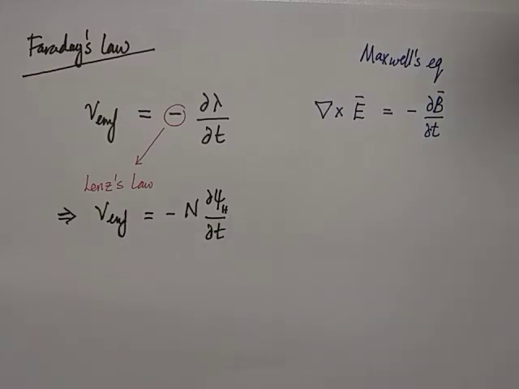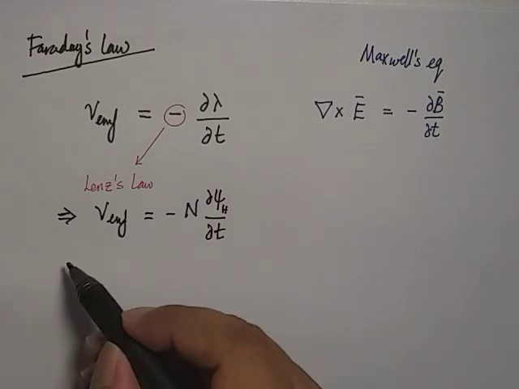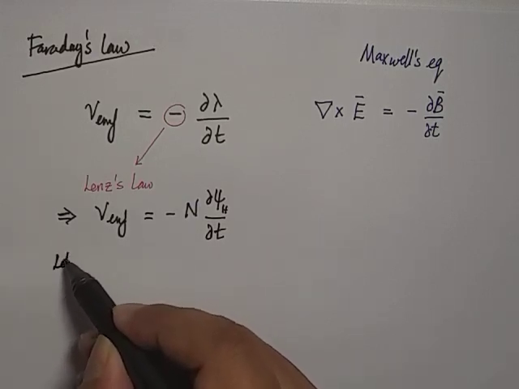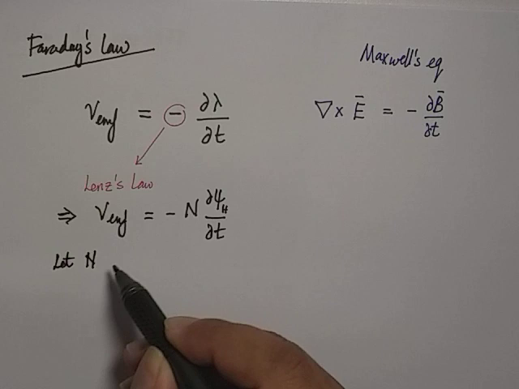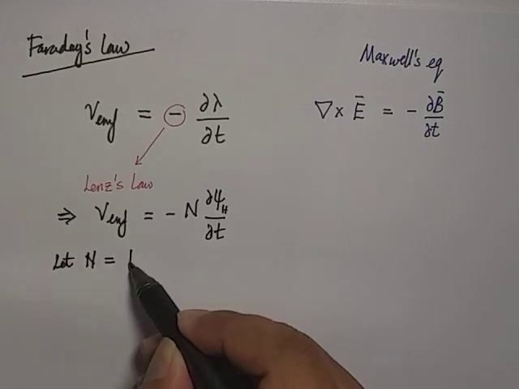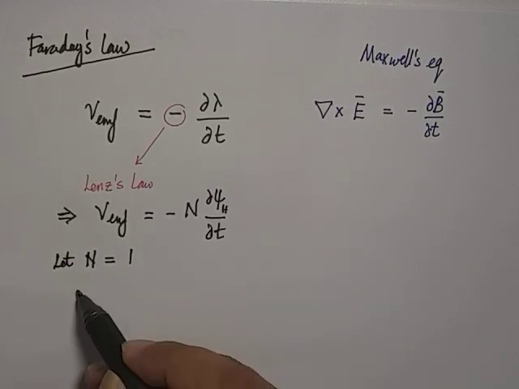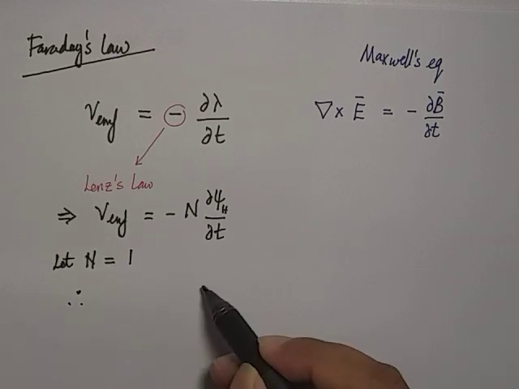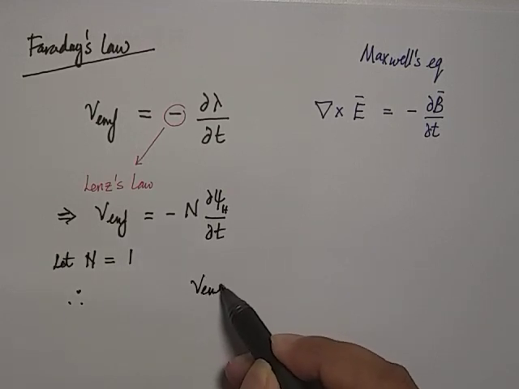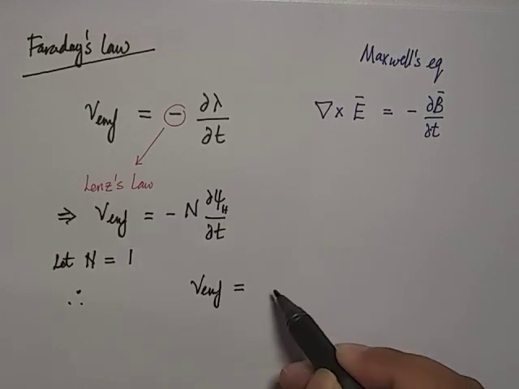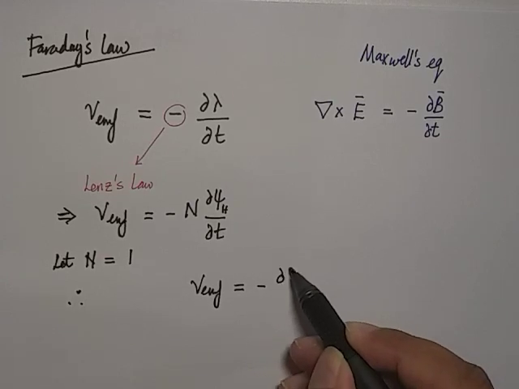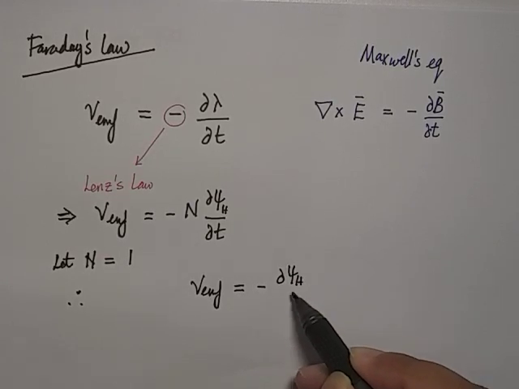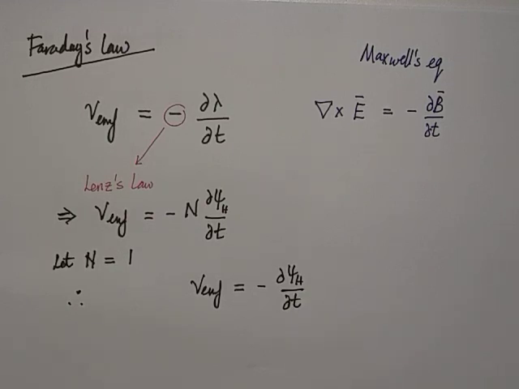For the sake of discussion, let's assume the number of turns equals 1. Therefore we end up with VEMF equal to negative d magnetic flux over dt.